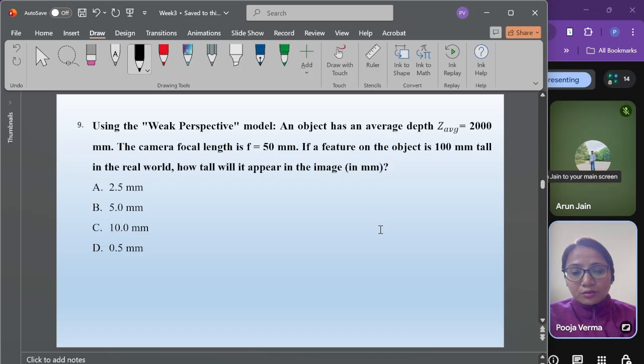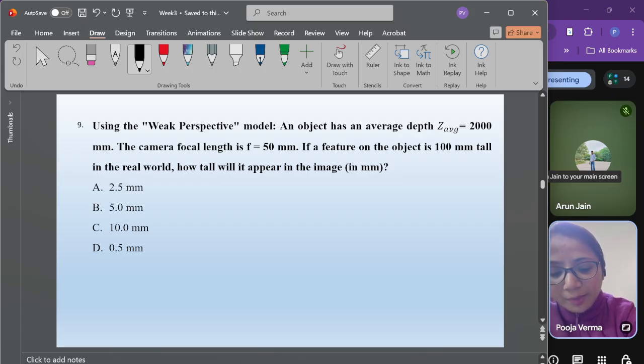Okay, so let's solve this question. In the weak perspective model, it is assumed that all points on an object are at a constant average depth, that is Z average, from the camera.